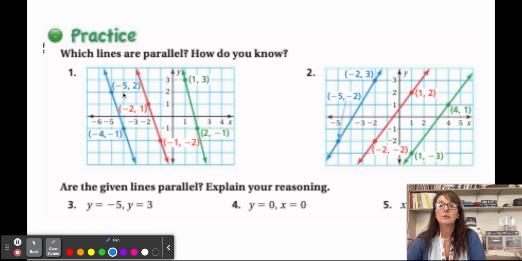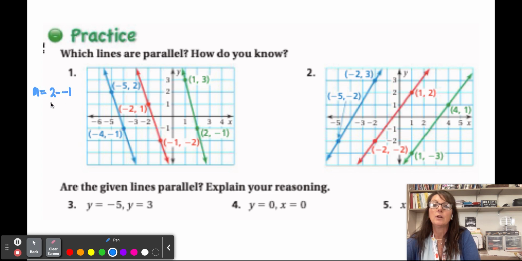The blue line has a point at -5,2 and -4,1, all right? So I could calculate the slope as 2 minus 1 over, that's a change in y, over -5 minus -4, okay? So that's going to become 1 over -1. So the slope of the blue line is -1.